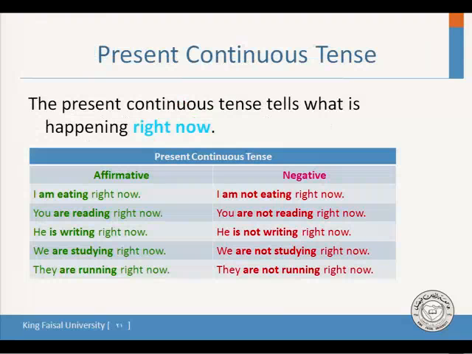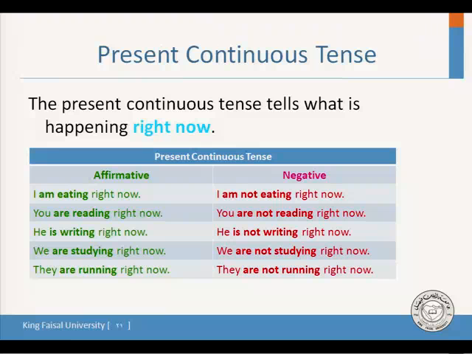Look at the sentences. I am eating now. Am eating. Not eating, I am eating. You are reading right now. At this moment, you are reading. So what is happening now? He is writing right now. We are studying right now. They are running right now.